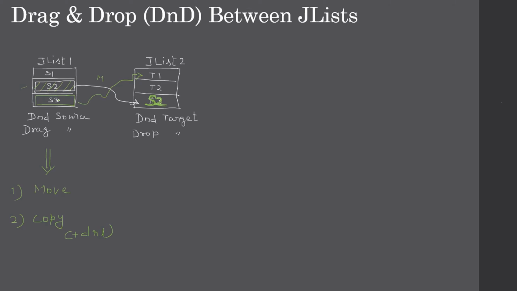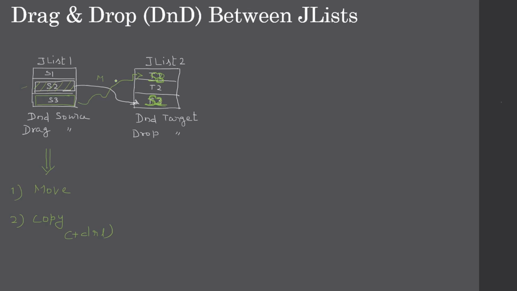Now let us say that we selected the S3 item here and we are performing the copy operation by pressing the Control key. So what happens, the item S3 will not get removed from the D&D source, but it still gets dropped to the destination.